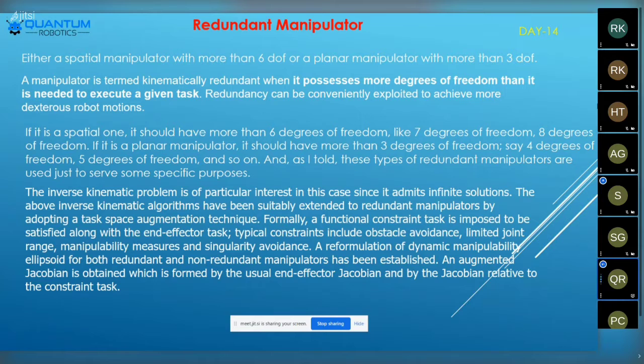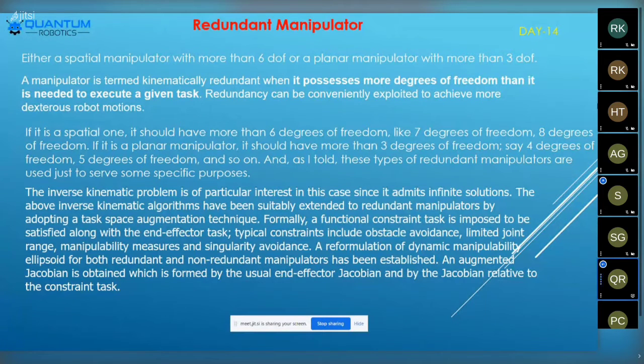And for those degrees of freedom, for each and every link to joint, there is a certain limitation and certain category of load-bearing capability for each and every link. According to that, 6, 7, or 8 degrees of freedom will be used.